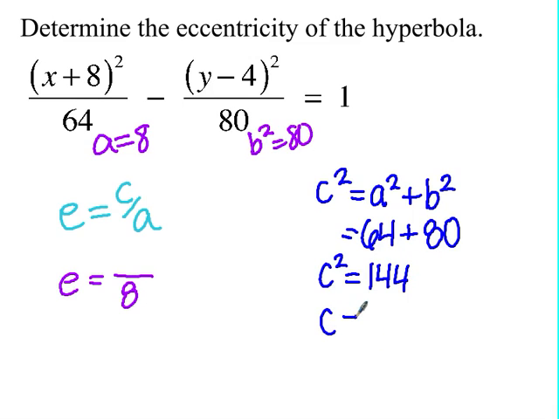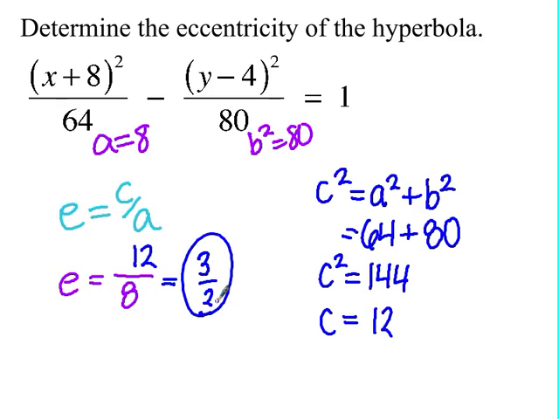What does C have to equal? 12. So my eccentricity is 12 over 8, which reduces down to what, guys? 3/2. There you go. So when you're given an equation, you're going to do those exact same steps every time. You'll always know A, you'll be given B squared, you'll solve for C.